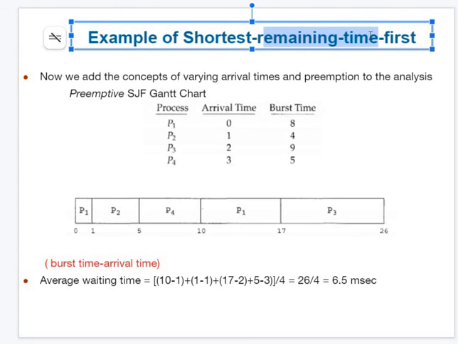If the present process's remaining time is less than the newly arrived process's, I'll continue the present process. If the present process's remaining time is more than the newly arrived process's, cancel the present process and allocate resources to the newly arrived process because it has less remaining time.